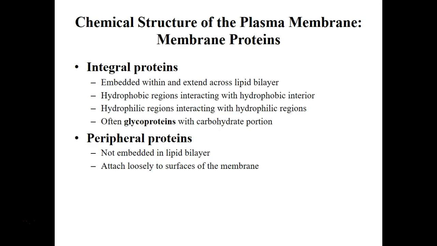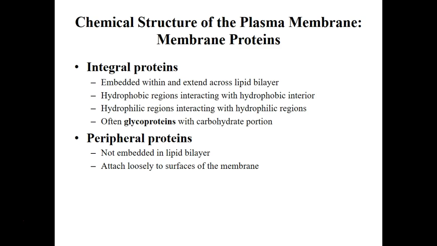We have proteins that embed in the plasma membrane. Integral proteins span the entire membrane, so they are seen on both the extracellular and intracellular regions. And peripheral proteins are only going to be found on one side or the other, so maybe on the intracellular surface or on the extracellular surface.